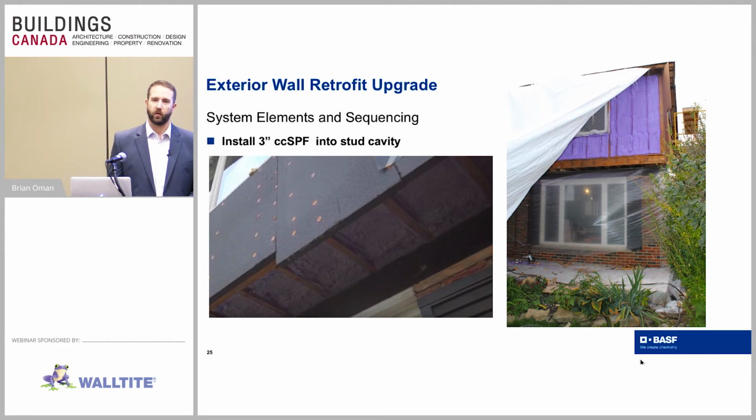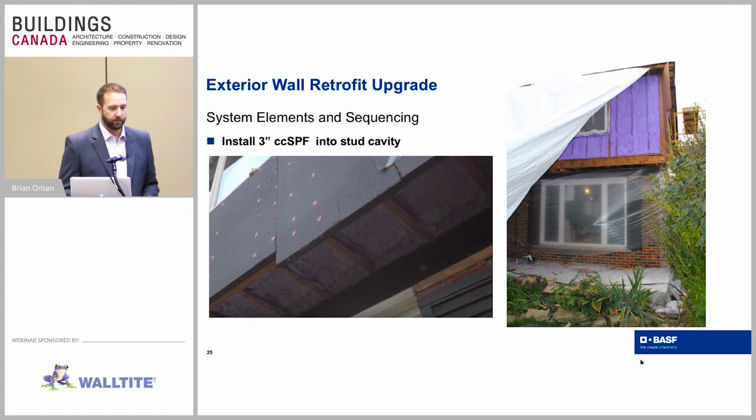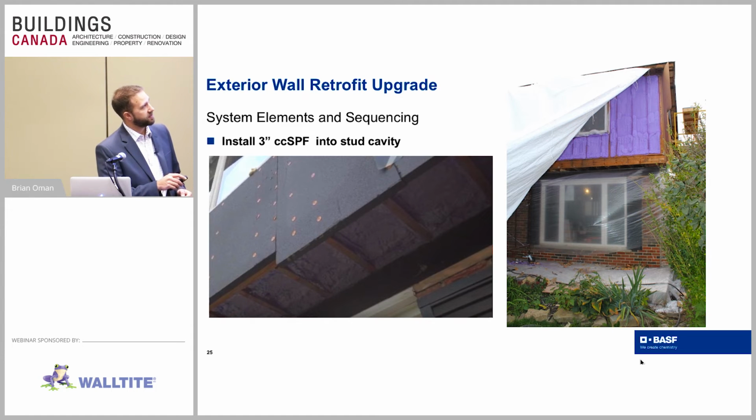So now we're not going to have to worry about air drafts, air movement, that sort of stuff that's going to cool down that floor and end up causing a comfort-related issue in those spaces. Also, it's going to be sealed right to the top plate. Again, very hard to see, but right here is going to be the top plate of your first floor wall.